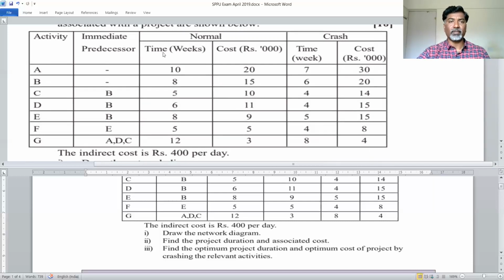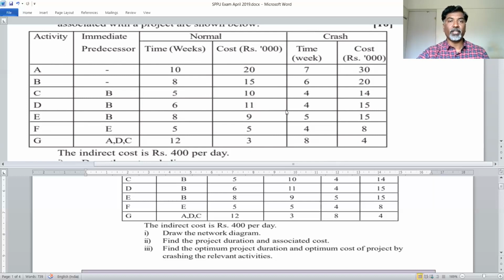So these are the times required to complete the particular project in the normal way. If you complete the project in the normal way, what is the time required, and what is the cost required? That cost is given in 1000 rupees. The crash is nothing but how many weeks you can reduce the activity time.